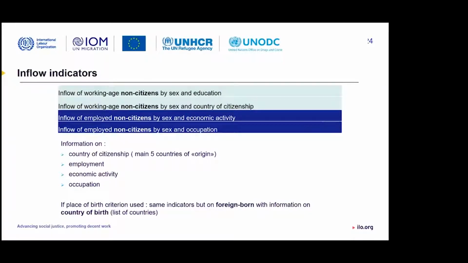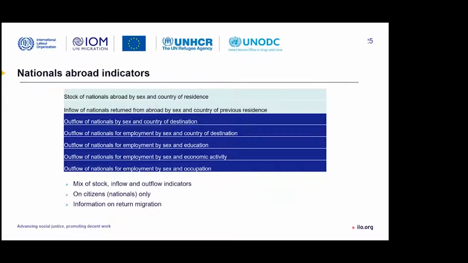Okay, next slide. And then on this slide, we have the indicators for the nationals abroad, and again, the same type of disaggregation by sex, by education, by economic activity, by occupation.